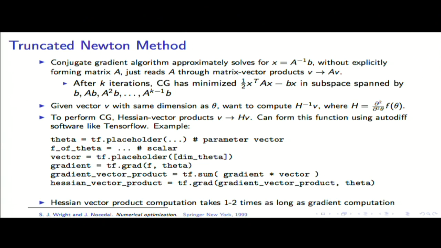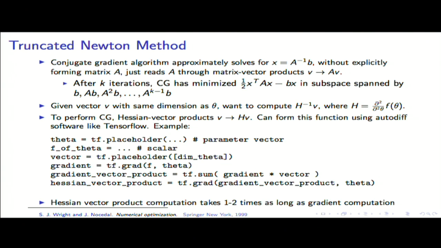It turns out you can do this in just a few lines of any autodiff software like TensorFlow. The way you do it is, let's say you have your parameter vector theta. Then you construct your scalar loss function, which we'll call f of theta. Then we make a variable for the vector that we want to do the Hessian vector product with.